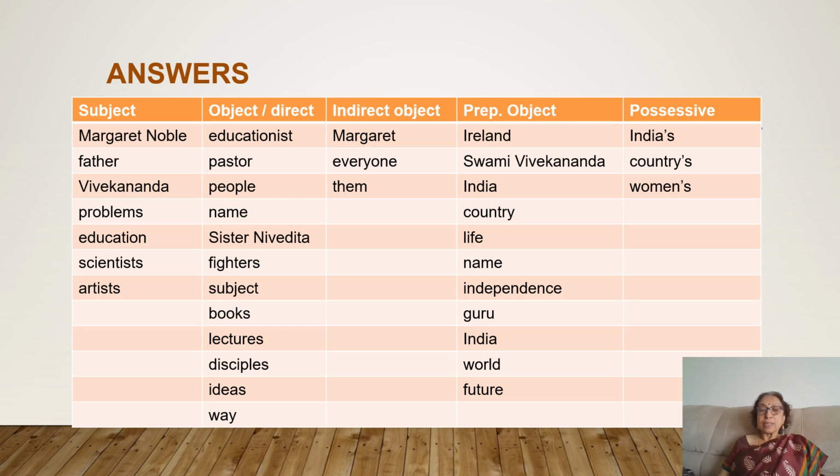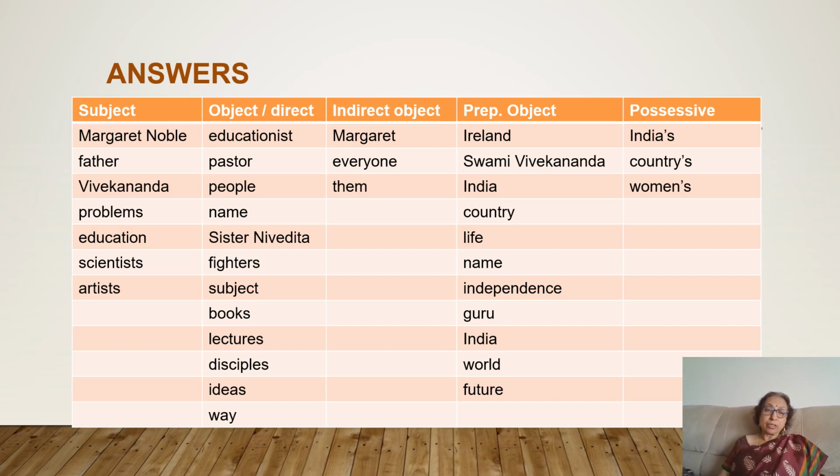Country's is possessive. Independence is prepositional object because for is there. To work we don't consider because to work is a verb form. We have uses for that. I will tell you how these forms of to plus verb are used in one video where verbs are being discussed.